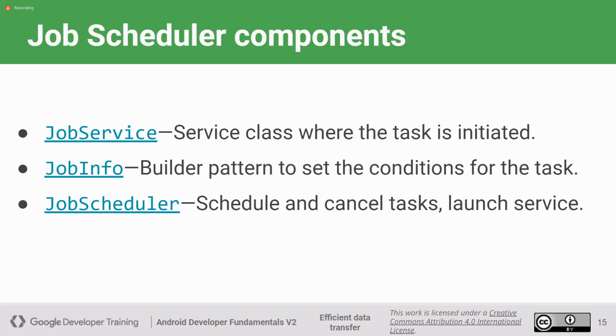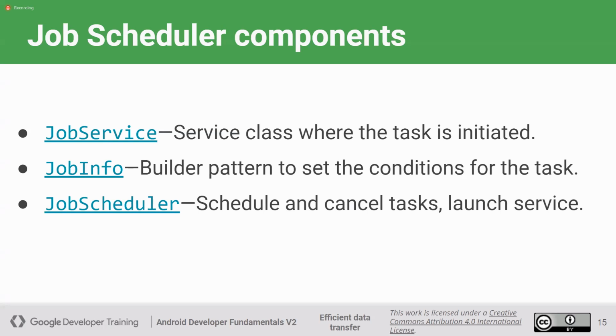You can write setRequiredNetworkType. That is one condition that you will write on job info. Similarly, we also discussed that we need the device to be in charging state. You have another method called setRequiresCharging to true on job info. This way, whatever conditions you have, you can write all of them into job info.